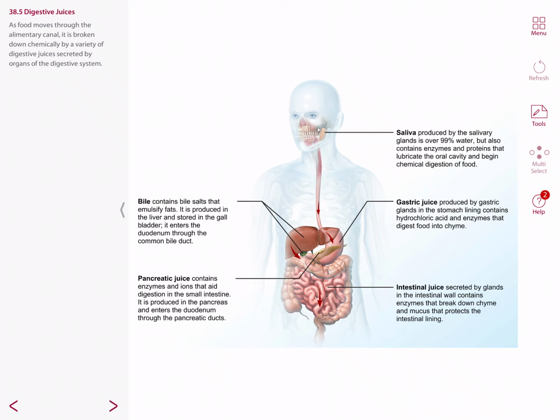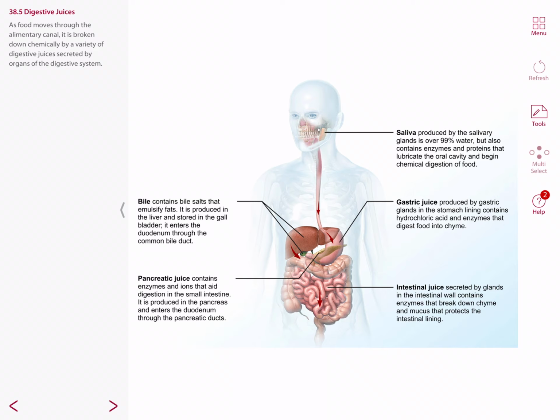This is where we meet up with the products from the liver, and that liver produces a thing called bile. So these bile salts are used to emulsify fats, and if emulsify is new to you, that's a fancy word for surround or encapsulate these fats. We basically surround them, and that allows exposure to all 360 degrees of that fat, so we can break them down a little bit easier.